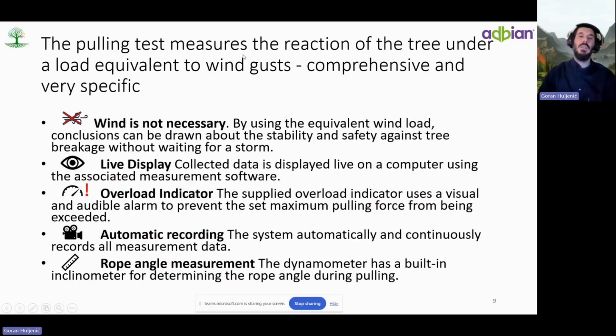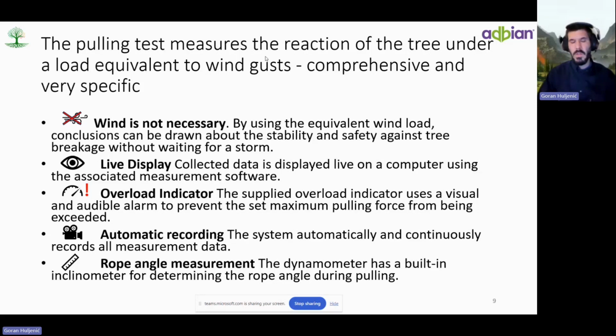Why is this method really good? There are several reasons why we regularly use it. It's the only method where we can measure the reaction of the tree under the load, and we can then make it equivalent to the wind gusts. It's a very comprehensive method and very specific.